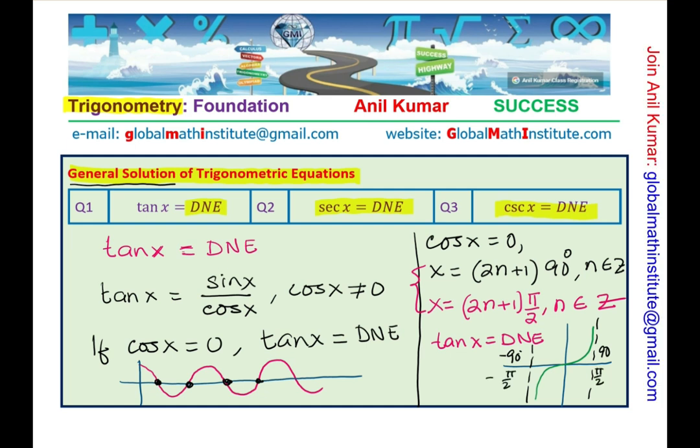And of course it repeats, so you could do it like this. That is how you could visualize from the graph itself that the tangent function does not exist for odd multiples of 90 degrees or pi by 2. Perfect. Now that should help you to answer part 2, question number 2 and 3 also.